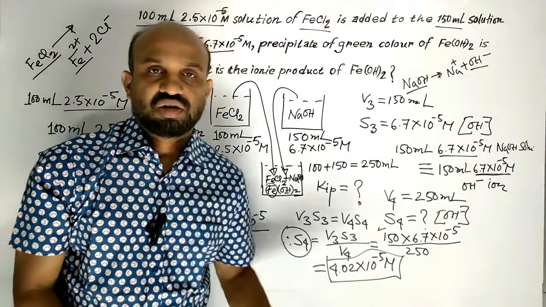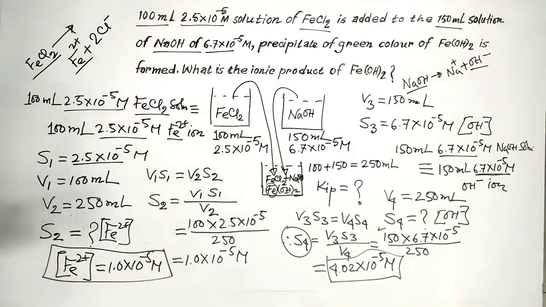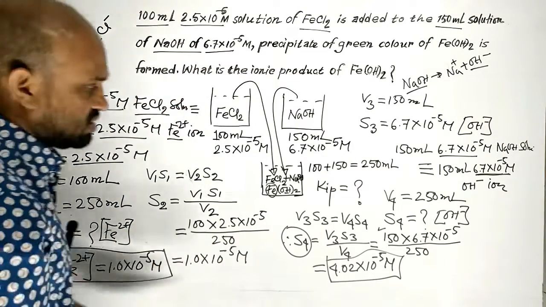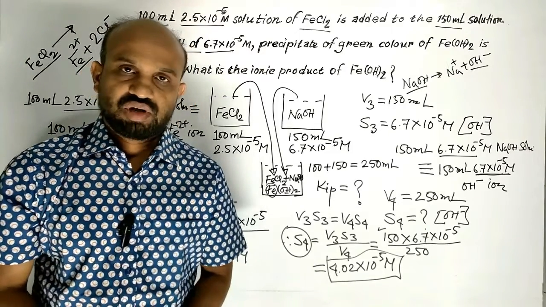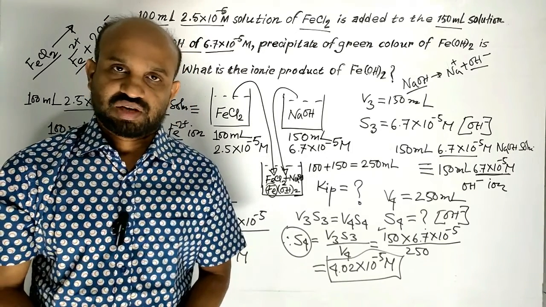So in the mixture we got concentration of ferrous ion and concentration of hydroxide ion. Now let us calculate ionic product of ferrous hydroxide.